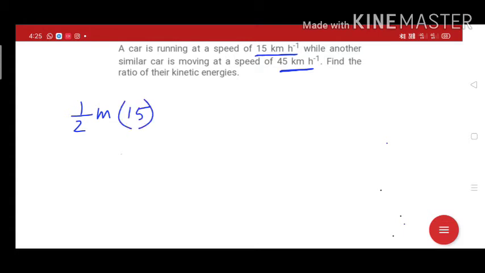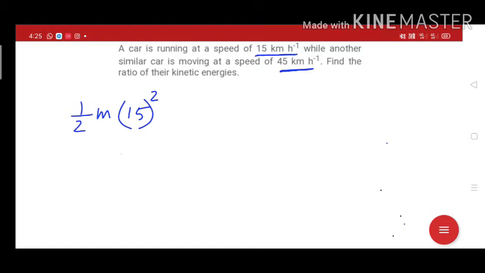You may ask me why don't we convert it to meter per second, because we always make it meter per second to calculate in the SI system. So as here we are actually calculating the ratio, there is no need to convert it. They will be balanced on both sides, and they will give us the ratio whether it is in kilometer per hour or meter per second.